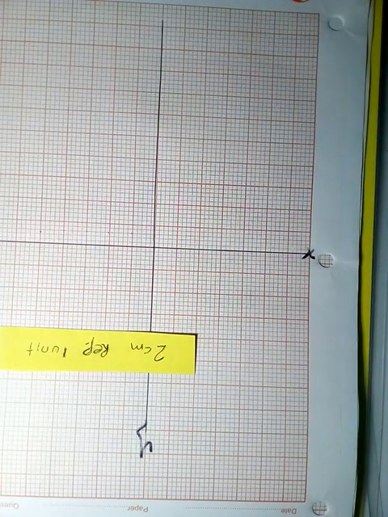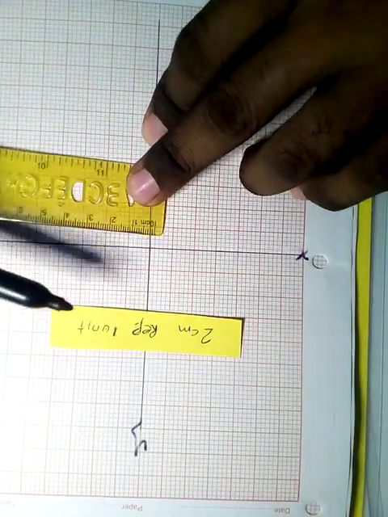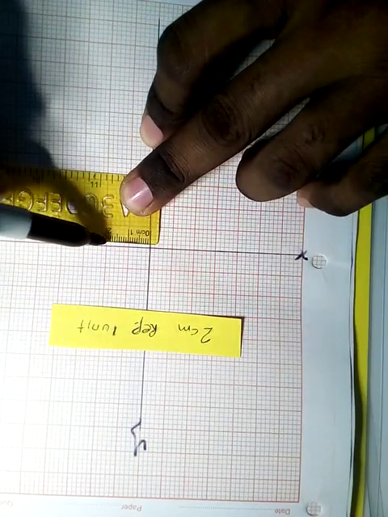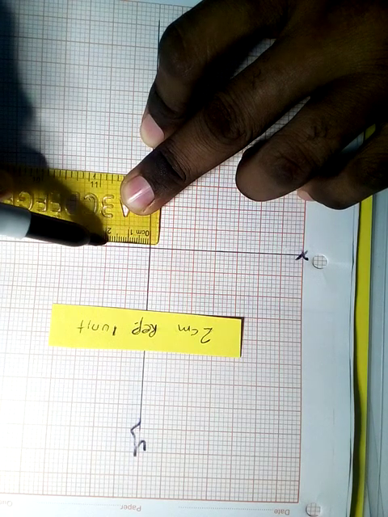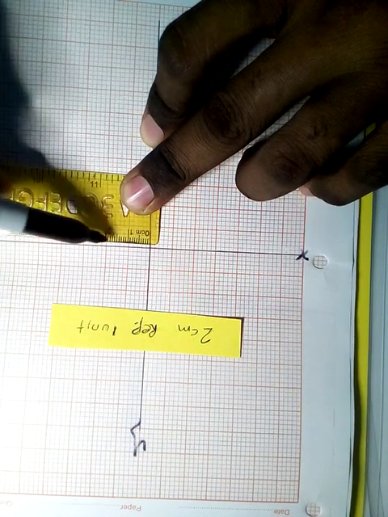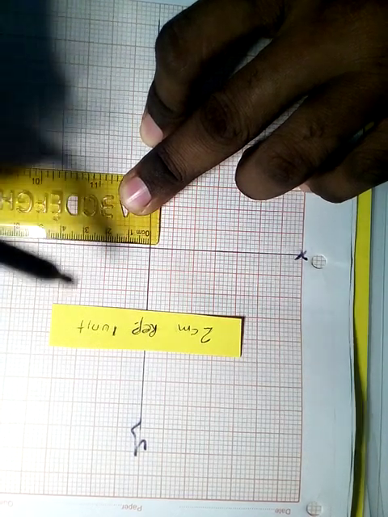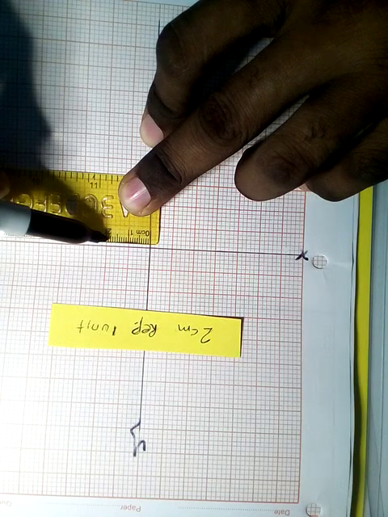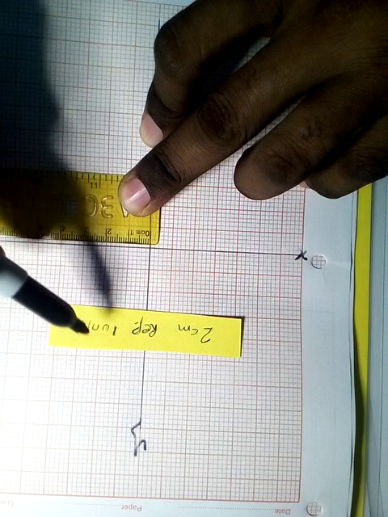Let's look at another scale. Suppose we are given a scale of 2 centimeters representing 1 unit. They are saying that from the origin, 1 centimeter, 2 centimeters, that's where we're going to start counting from. So between the units, we're going to have 2 centimeter spacing. So here would be our first one. We're counting by a series of 1 because 2 centimeters represents 1 unit.